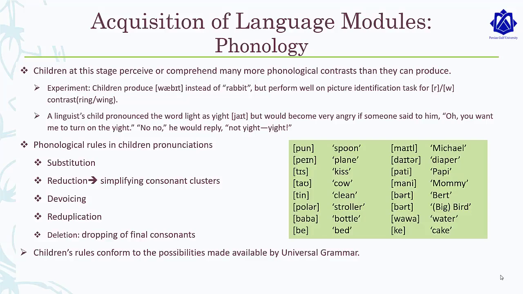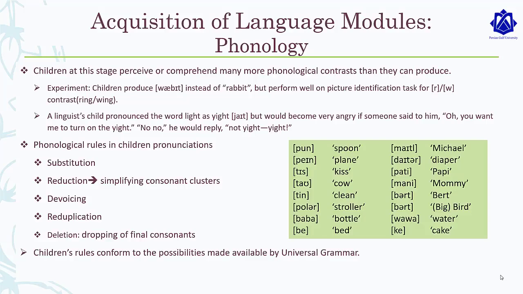If we look at this substitution, we see that whenever there's a k sound, it's been changed, for example in Michael. And in clean, first the consonant cluster reduction has happened, simplified clean to keen, and then to tin.